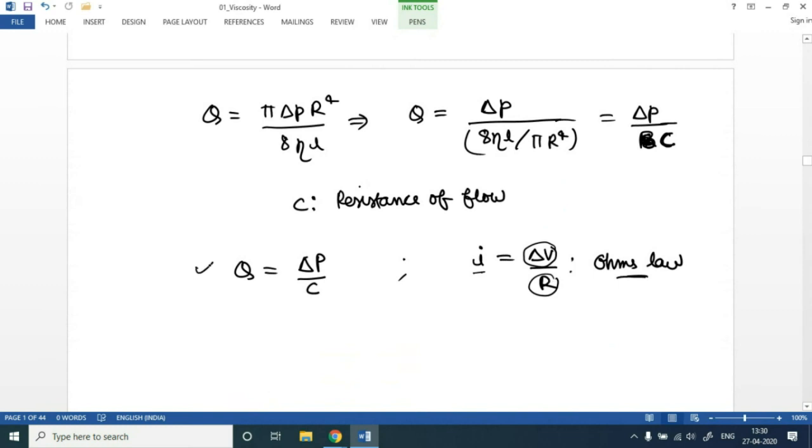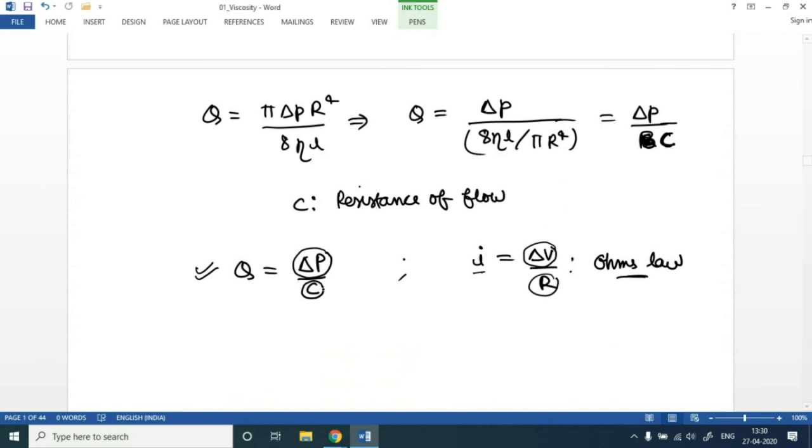Here the same transport phenomenon is occurring. Liquid is flowing due to the difference of pressure. Wherever a difference of pressure is there, liquid is going to flow from higher pressure to lower pressure, and it will experience a resistance, due to which the pressure will decrease in the direction of flow.